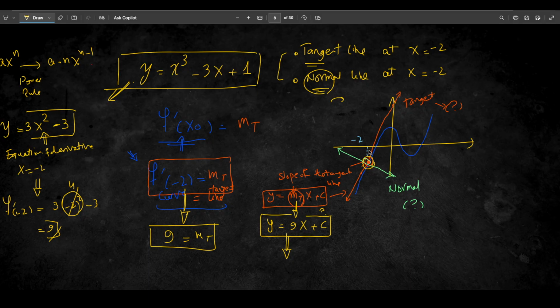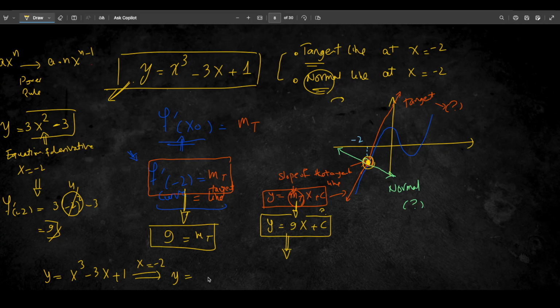This point here, I have the x value, which is minus 2. Is there any way I can find the y value? Maybe yes, because this point is on my curve, on the blue curve. So in the equation of the function, y equals x to the power of 3 minus 3x plus 1, you're going to put x equals minus 2.